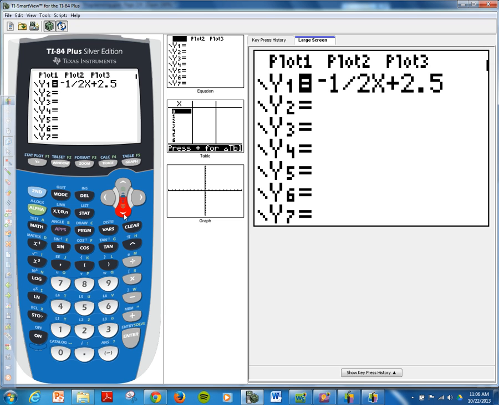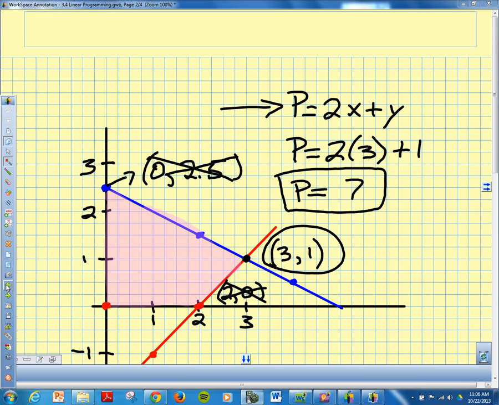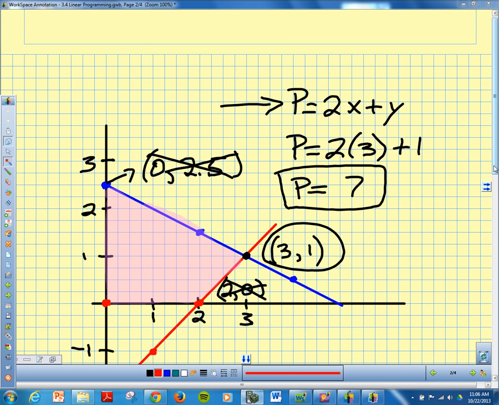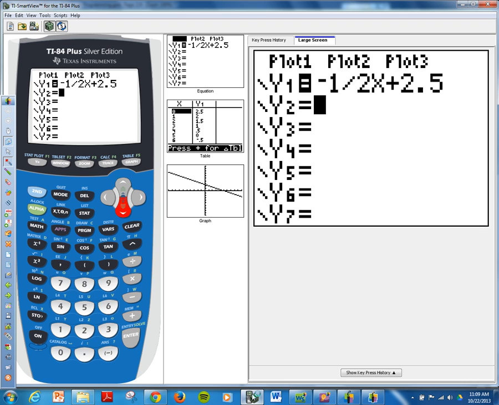Y equals. Okay, Emma? Where did you get the 1/2? From the equation. No, I mean like on the calculator. Oh, I just hit divide. I do 1/2. You could even do negative 0.5 if you want.